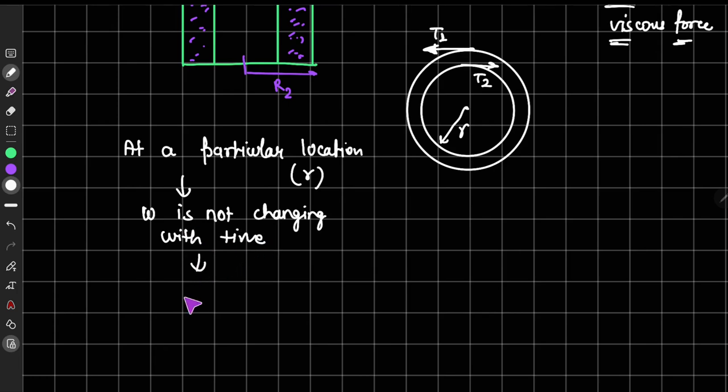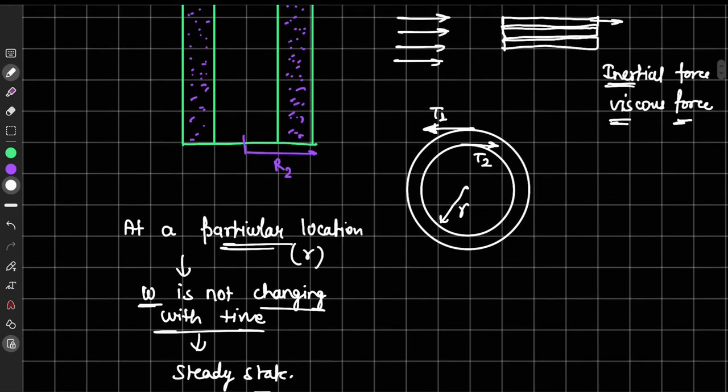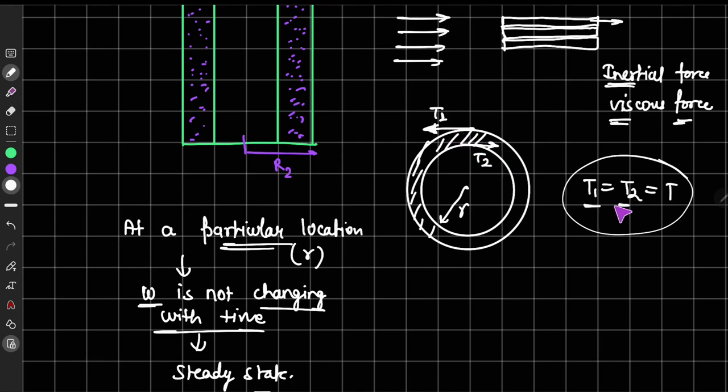That means it is the steady state flow. That is the definition of steady state: the angular velocity is not changing with time at a particular location. So the net torque acting on this fluid element should be 0. So we can say T1 is equal to T2 is equal to T. Both torques should be in opposite directions and equal in order to make the net torque on the fluid element 0.